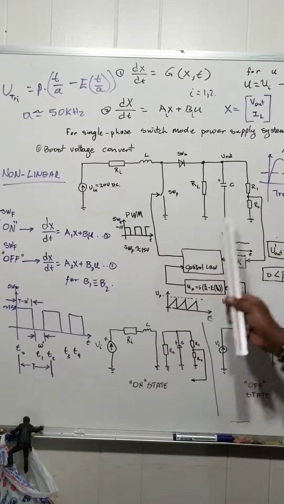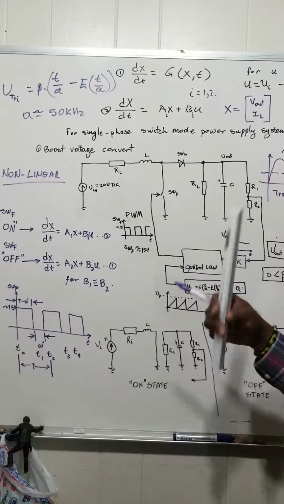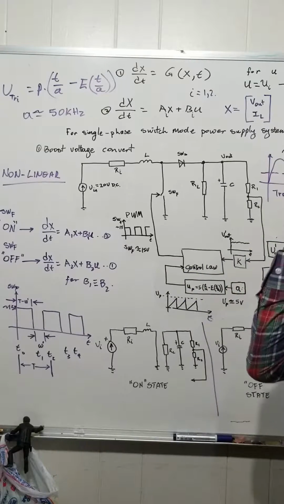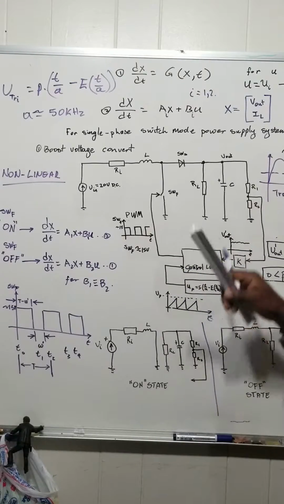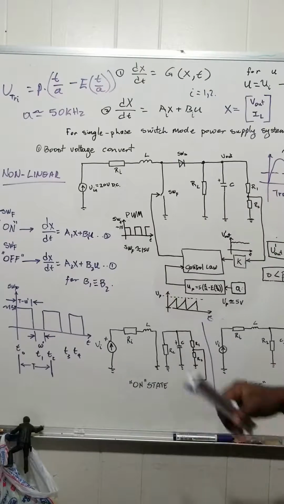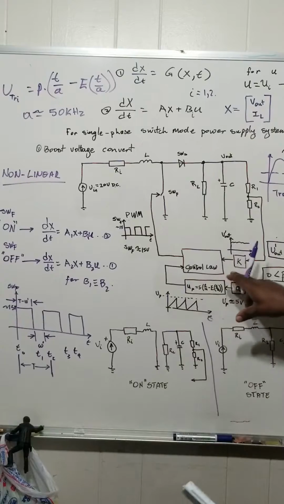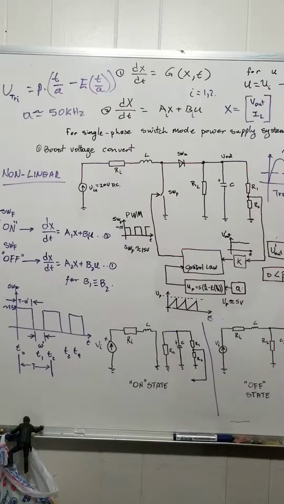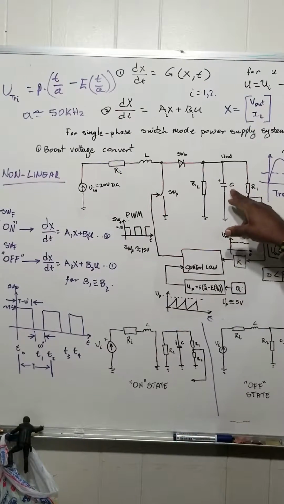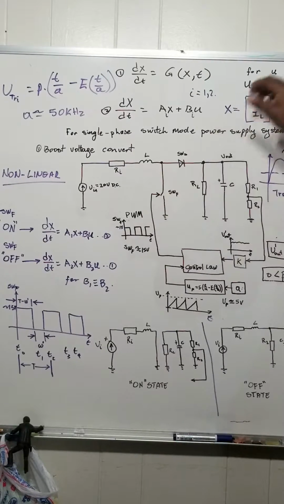And then sometimes I see some other developers make this filter quite large, and it's not necessary. It doesn't have to be large. It means that their control law is not substantially optimized. It's not optimized enough so that you can reduce the size of this to get the most out of your circuit.